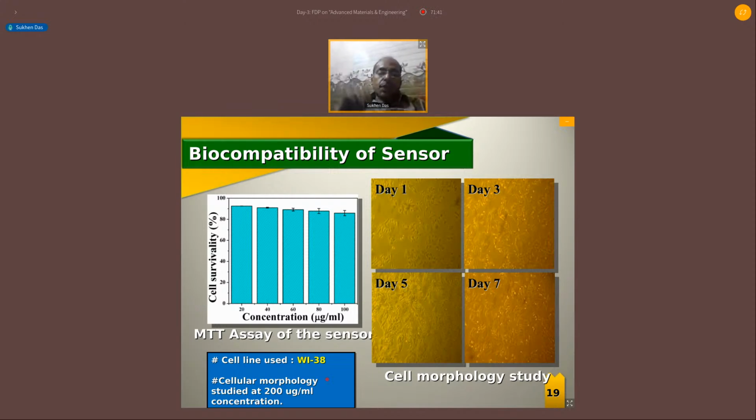We have seen from the cell line experiment that it is completely safe up to 100 microgram per milliliter. So our material for identifying chromium is completely biocompatible. In the morphological study, from the first day to the 7th day, there is no change in the lung cell line. So we can say our product is completely biocompatible and eco-friendly.